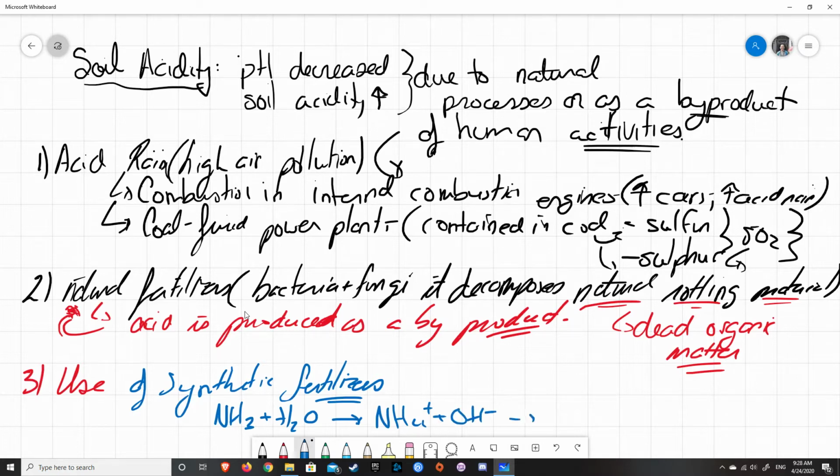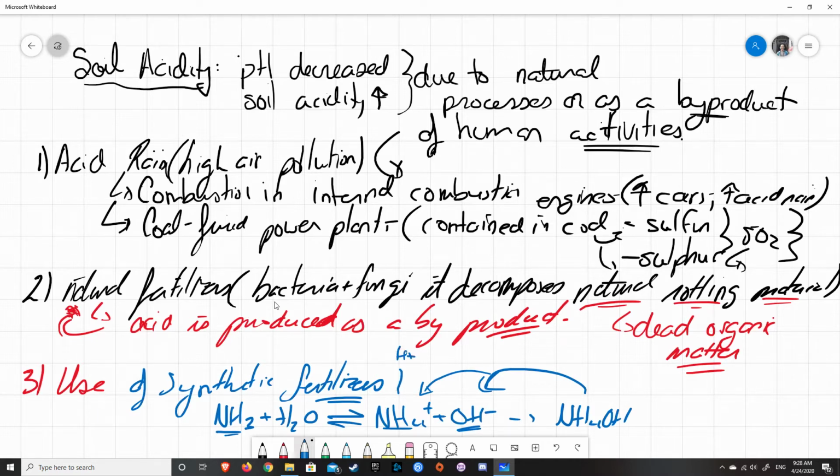We can write that also as NH4OH. I just wanted to write it separately to show that this process is reversible. So here it acts as a base, and here it donates H+.